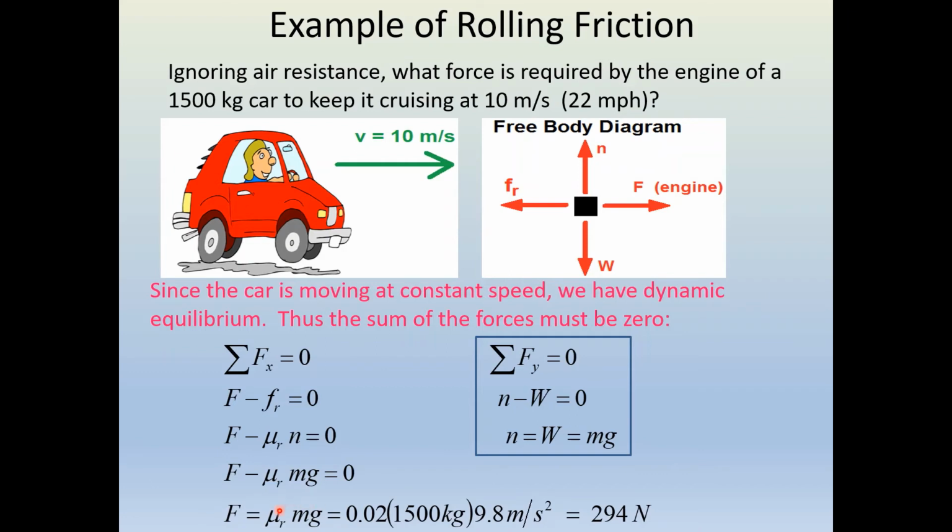For mu, you'll have to go back to the table and look up rolling friction, which for this would be a rubber tire on cement. You'll find that the coefficient of friction is 0.02, multiplied by the mass of the car, given as 1500, and g is 9.8. We end up with an engine force required of 294 newtons.